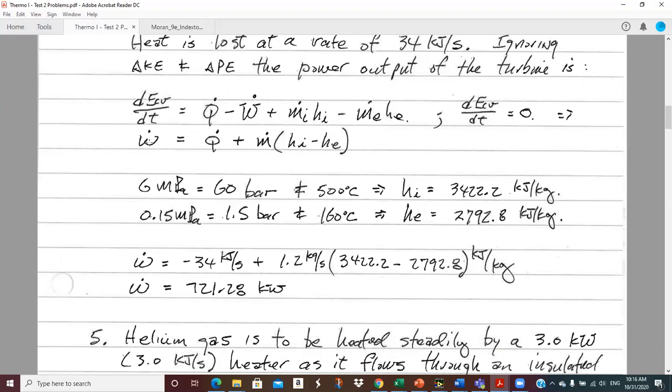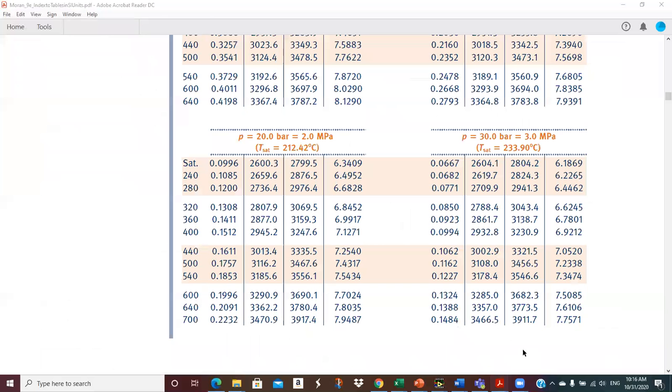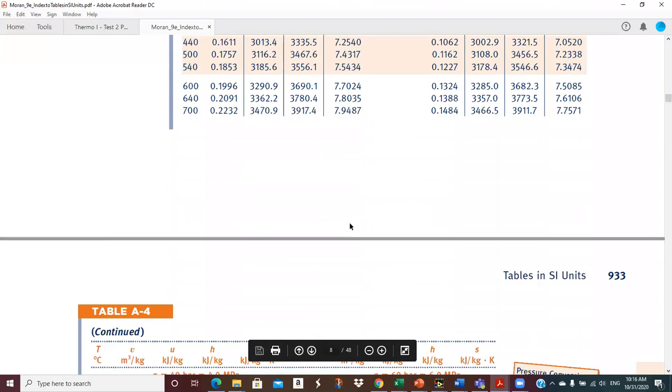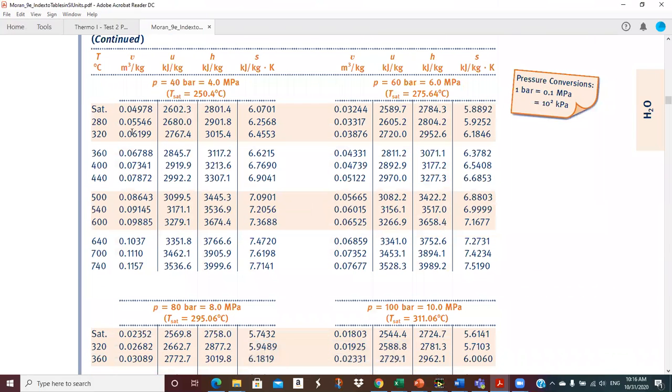So we know that the work is equal to the heat transfer plus m dot times (h in minus h out). At 6 MPa, which is 60 bar, and 500, let's look at these. So 6 MPa and 500, that enthalpy looks like it ought to be 3422.2.